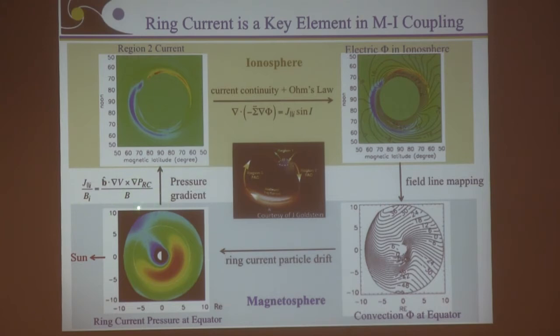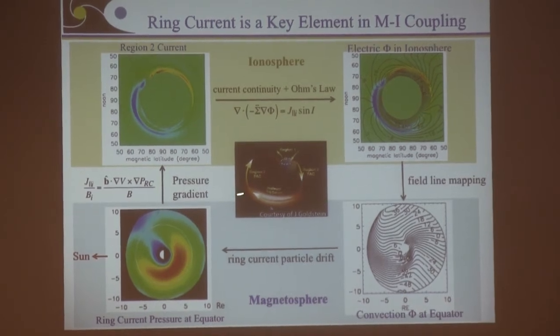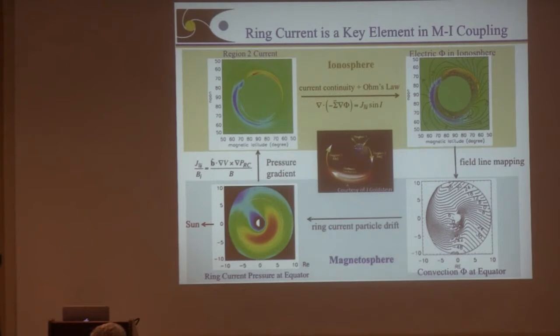From the ring current distribution or pressure gradient, we calculate the field-line current, and then solve the equation in the ionosphere to get the potential distribution. For this potential, we map along the field line into the magnetosphere and use this convection to advance the particle distribution. I borrowed this figure from Jerry Goldstein.